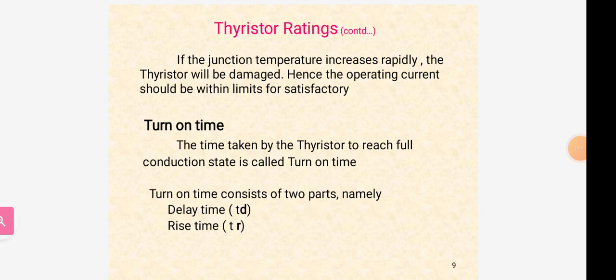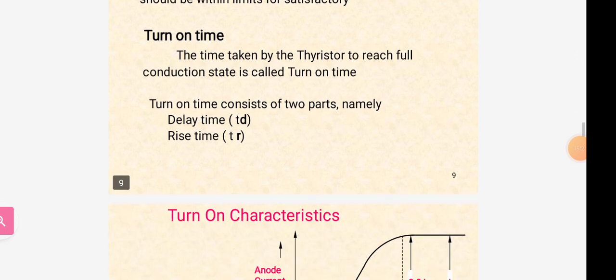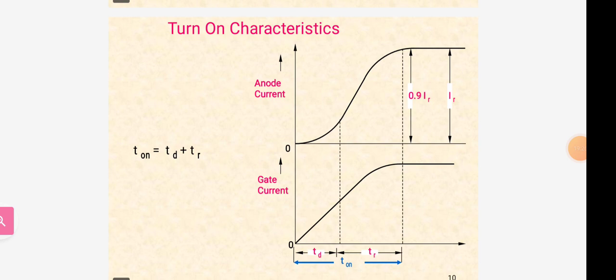Turn on time consists of two parts, namely delay time Td and rise time Tr. After triggering, the thyristor does not conduct instantaneously but takes finite time to reach full conduction. This time is called turn on time.